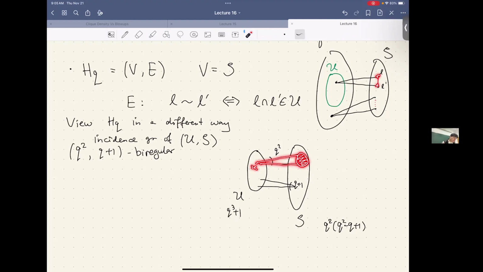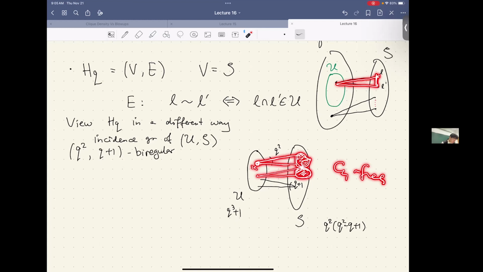Because whenever two lines have their unique co-neighbor in U, they are adjacent. So if you look at the neighborhood of X inside the secants, all the points here should be pairwise adjacent. They form a clique. So every vertex's neighborhood is a clique. Furthermore, because it's C4-free, every 2 points determine a unique line. These cliques pairwise share exactly 1 point.